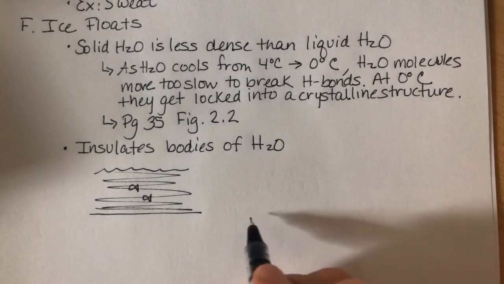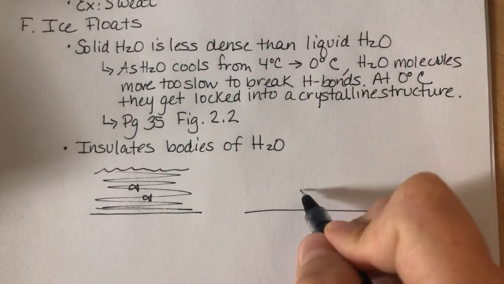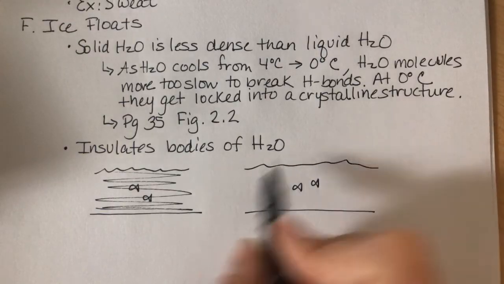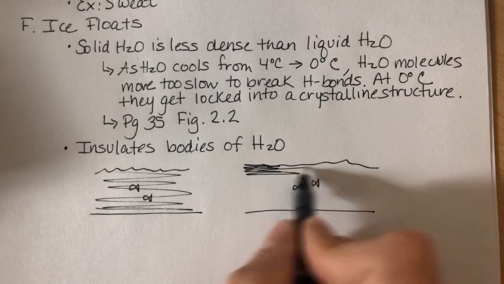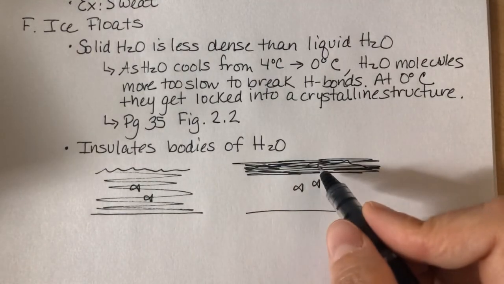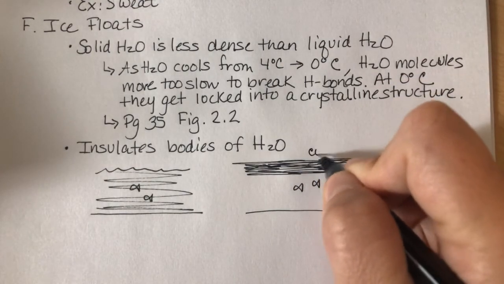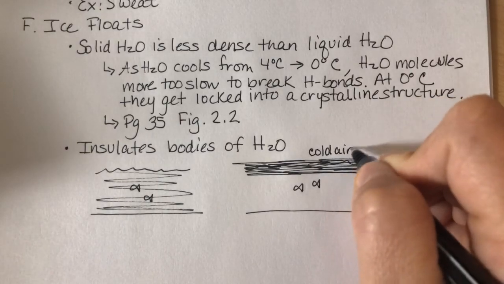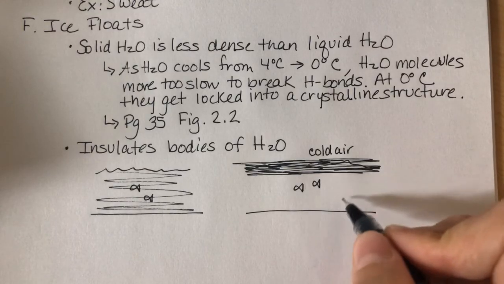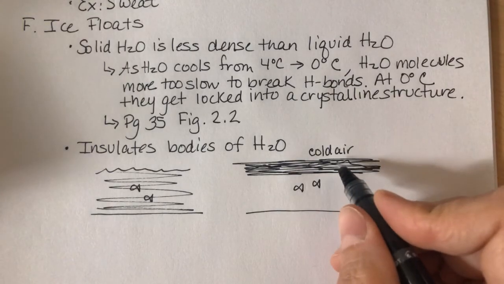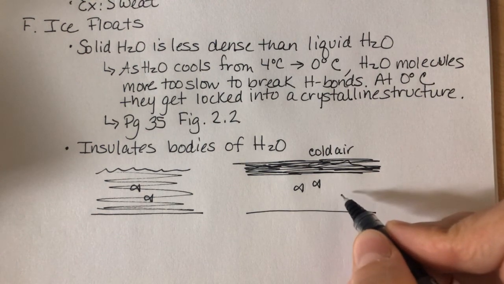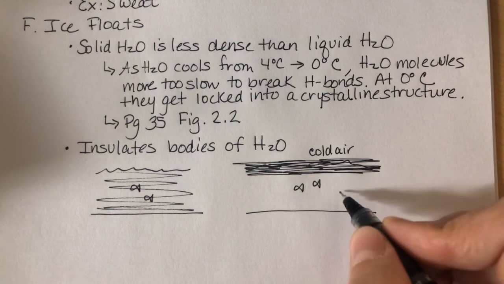So what we have instead, here's the bottom of your lake. Here's your fish, and here's your water, and then as it cools, it forms this floating ice. It's floating and creating a barrier between the cold air above and the water below, and that barrier of ice won't allow the water underneath to get so cold that it will actually freeze.